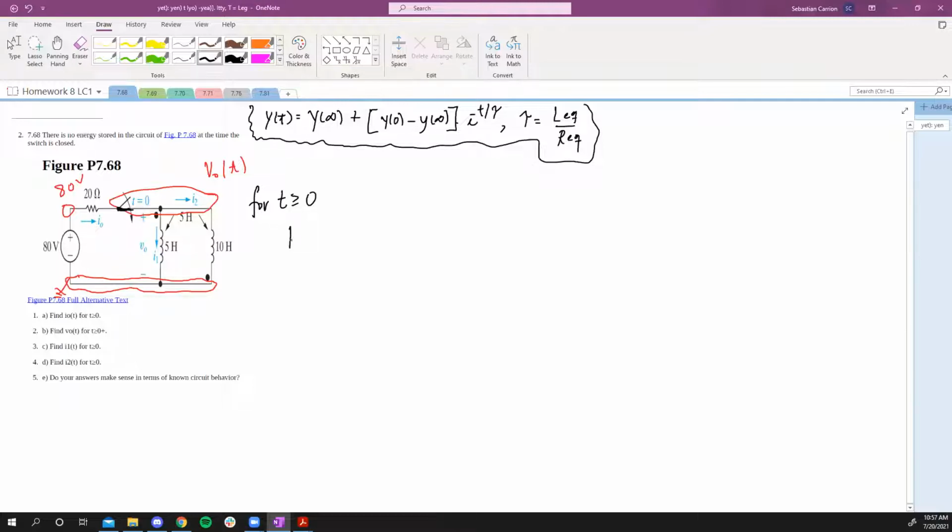Okay, so we got our KCL: i0 equals i1 plus i2. And our equations for the components: i0(t) equals (80 minus v0(t)) over 20.